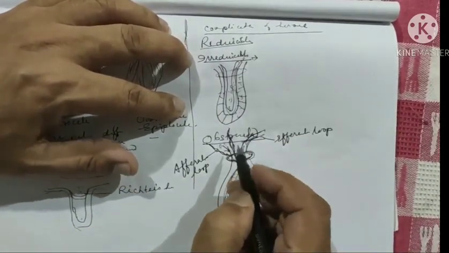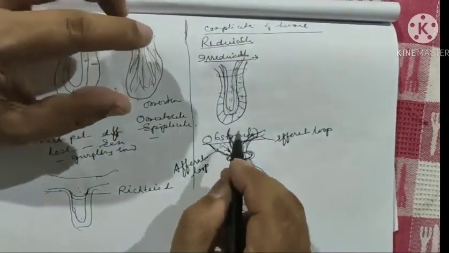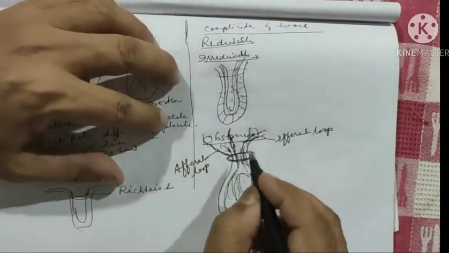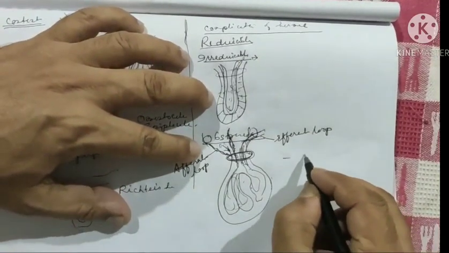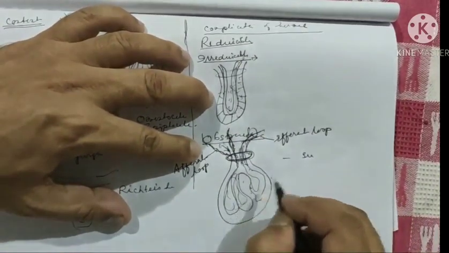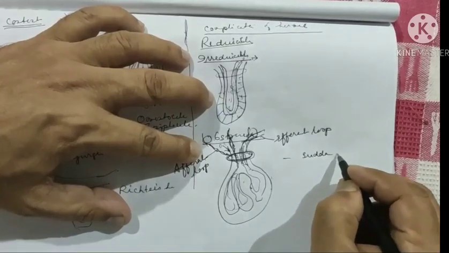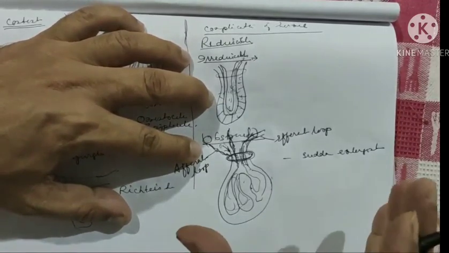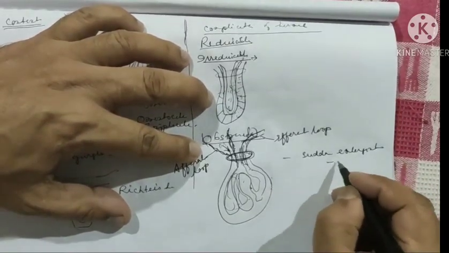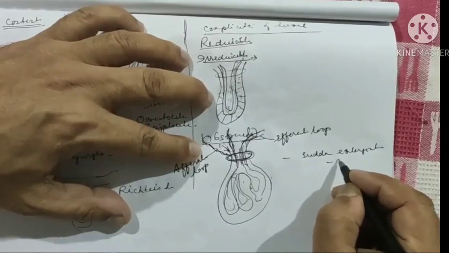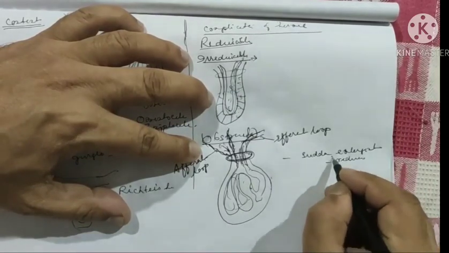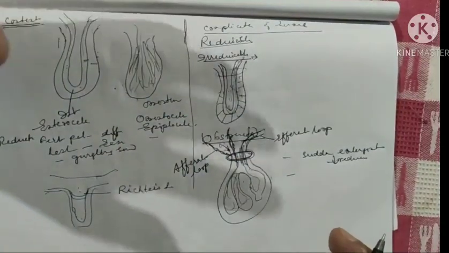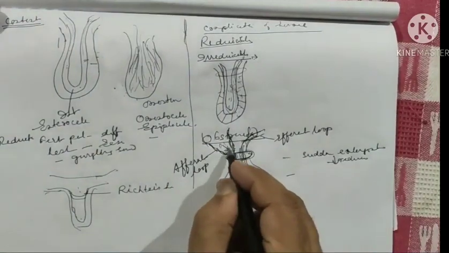Initially, intestinal peristalsis will be increased to overcome this pressure. That's why the patient will complain of sudden enlargement of the sac or hernial content, which will be unable to reduce, and the patient will have a colicky pain because the intestine tries to overcome this obstruction.